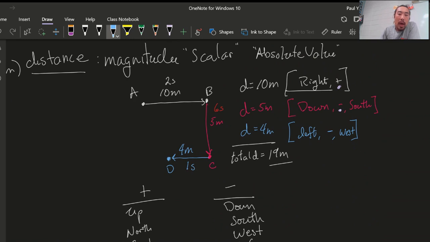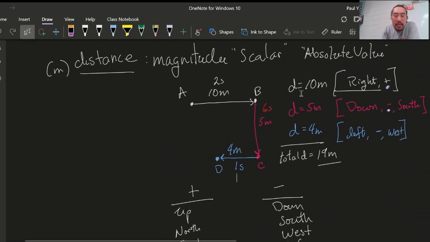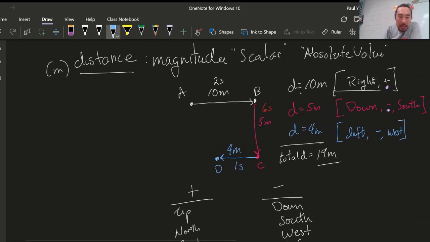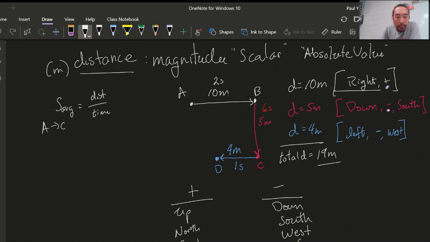So if we were looking at the average speed for the trip going from A to C, our formula is total distance over the elapsed time.